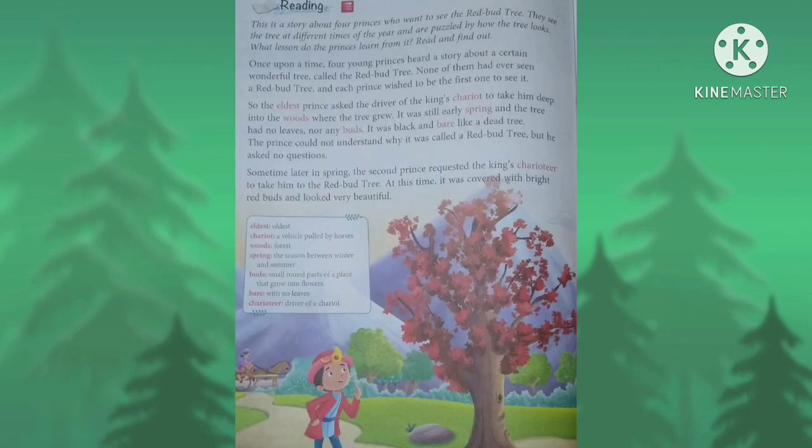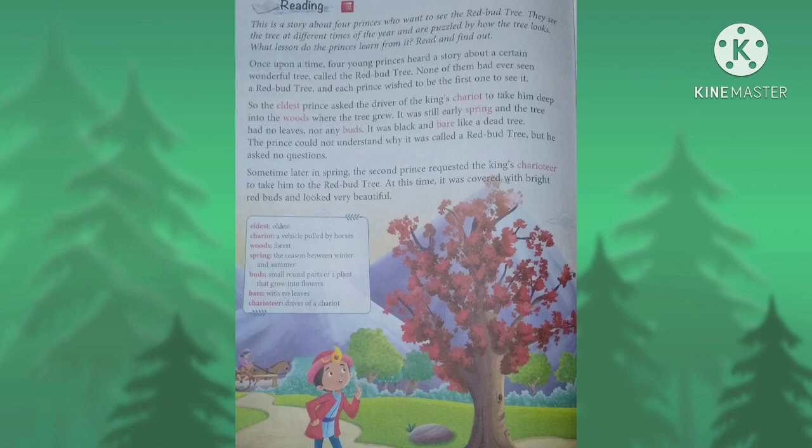Once upon a time, 4 young princes heard a story about a certain wonderful tree called the red bud tree. None of them had ever seen a red bud tree, and each prince wished to be the first one to see it. So the eldest prince asked the driver of the king's chariot to take him deep into the woods where the tree grew.